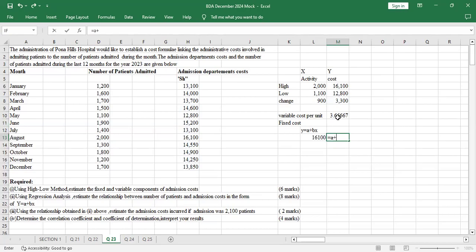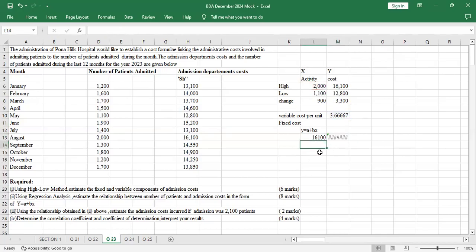B is the variable cost per unit, and X is the number of units, the activity here, which is 2,000, because I'm using the high method. So when you multiply this, you have A plus this equals 16,100. So A is equal to 16,100 minus 3.667 times 2,000.